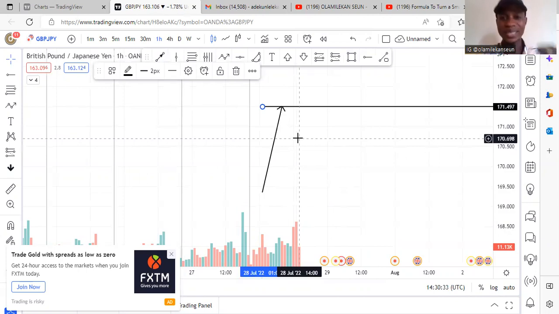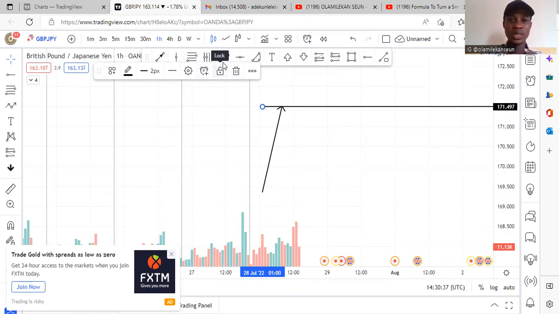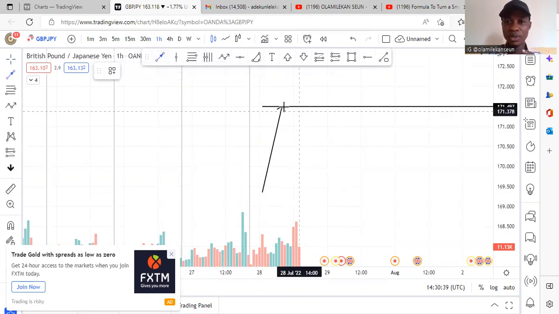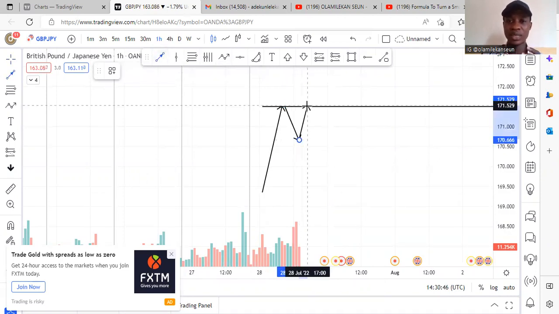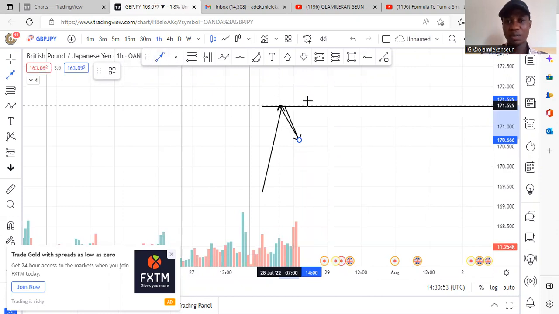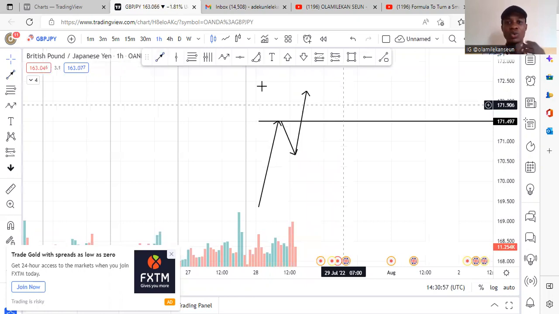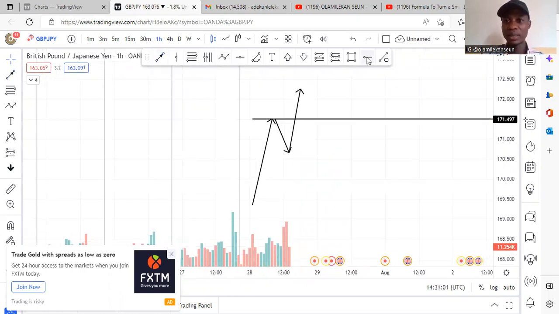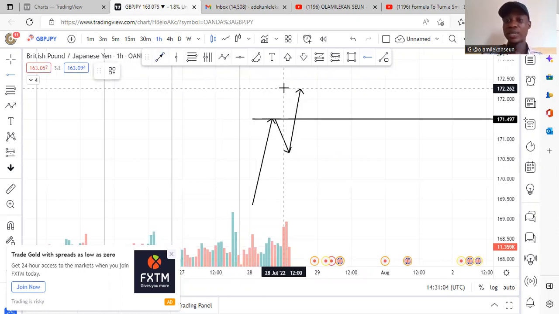Once the market creates a resistance at this high, the market came back down, and then went back up again to break this previous resistance. The market broke it and then ended here, and the market came to this point and also created a resistance.